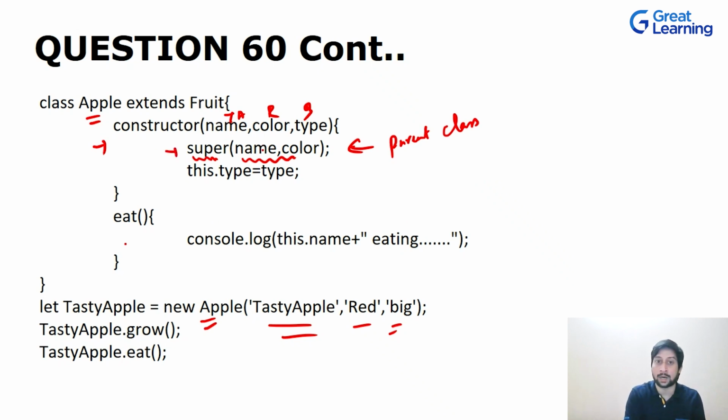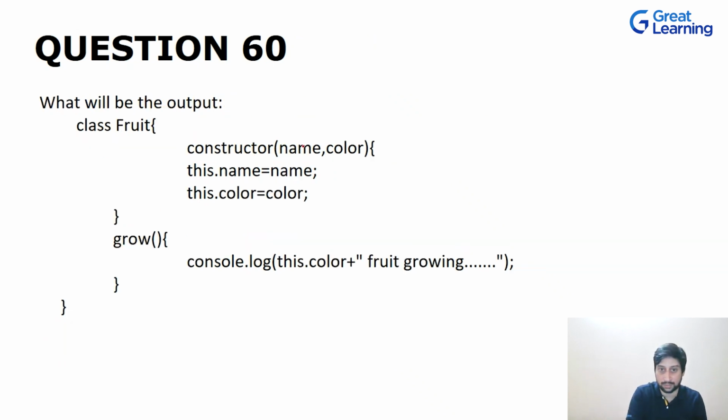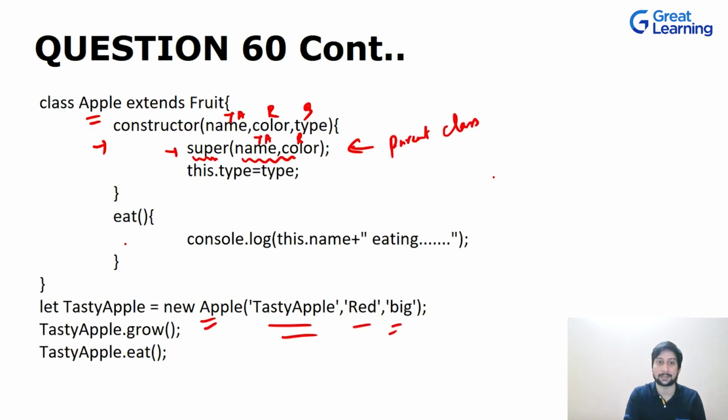You're passing in two arguments, name and color, so tasty apple and red will be passed to the parent constructor. They are set with name as tasty apple and color as red. Done.